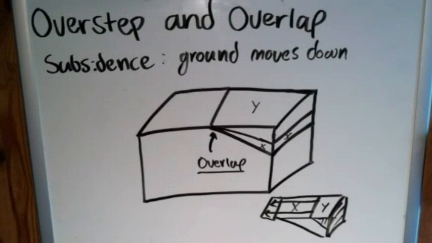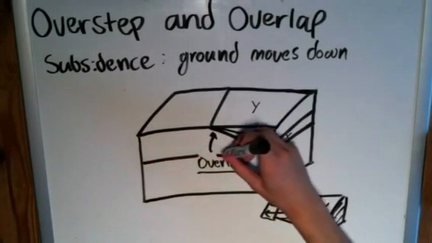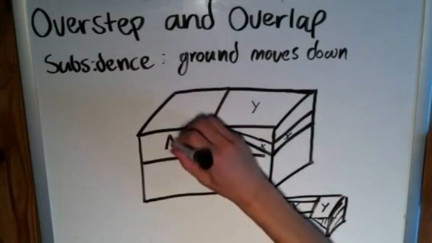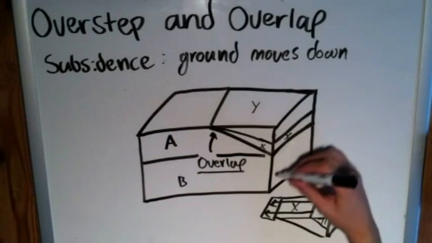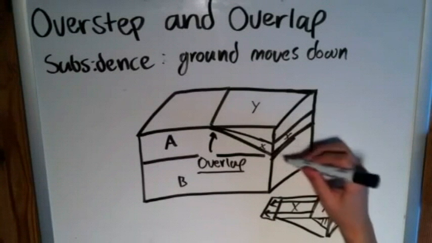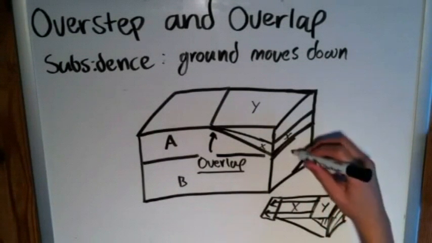And why is this related at all to unconformities? Well, because an unconformity has to exist due to erosion, due to the initial uplift in order for such subsidence to occur. So if we were just to fill out the rest of this block diagram here, we don't have to be super detailed, but let's just say we've got some layers down here. We'll call that layer A, that layer B. And then they sort of stretch out like this. A goes up like that, and maybe B's tilting upwards like that.